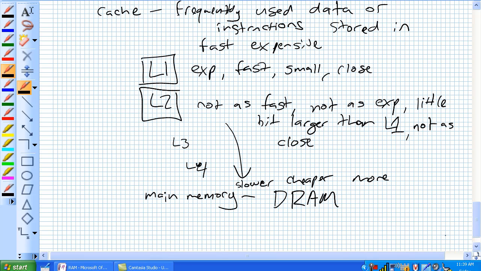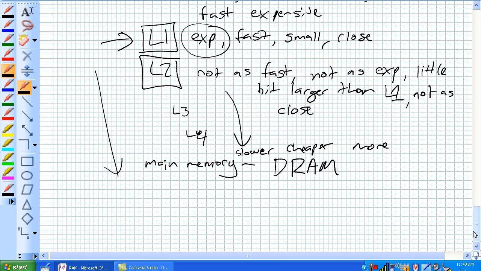It'd be nice to have everything in L1 cache because it's so fast, but you're not going to do that because it's expensive. Okay, so that's why you do this progressive structure: L1, L2, L3, L4, and so on and so forth, down to our main memory, DRAM. So now that we're talking about DRAM, might as well talk about DRAM.